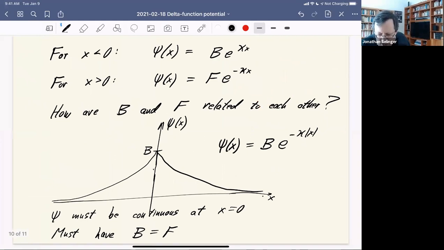If we have a function like this for psi, and we are integrating it just from negative epsilon to positive epsilon, the integral is the area in there. And if epsilon is an extremely small number, this integral gets arbitrarily small.